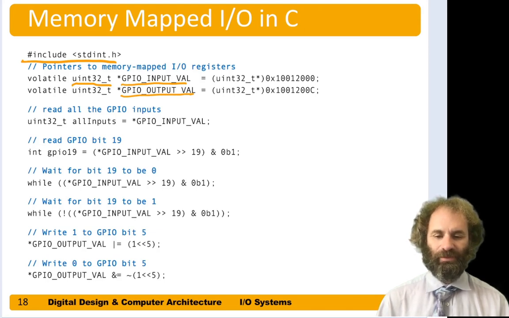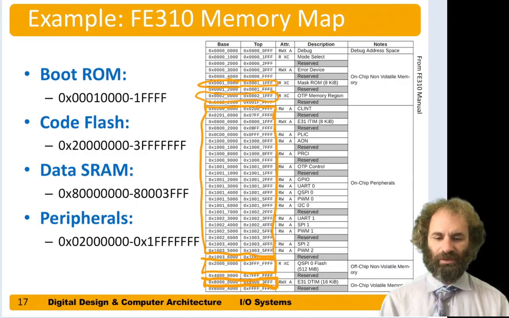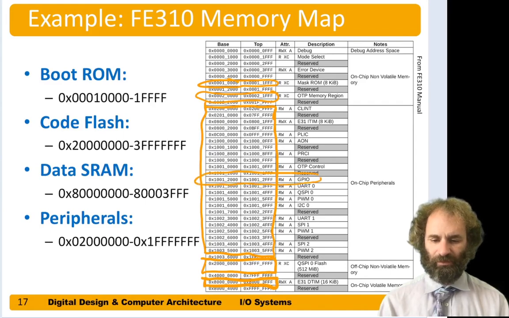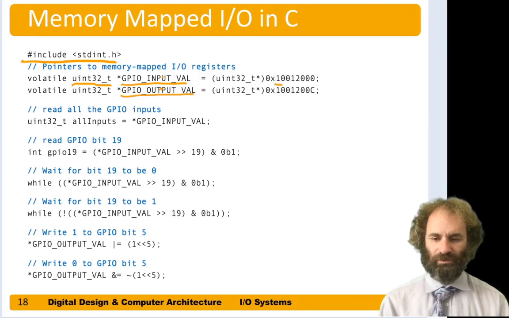These registers have 32 bits in them that can tell you the value of an I/O pin, or drive a value out to the pin for the input and the output registers. We saw that the GPIO is in this memory location starting at 1001 2000, and the input register is at exactly that address. The GPIO output value is 12 bytes later.